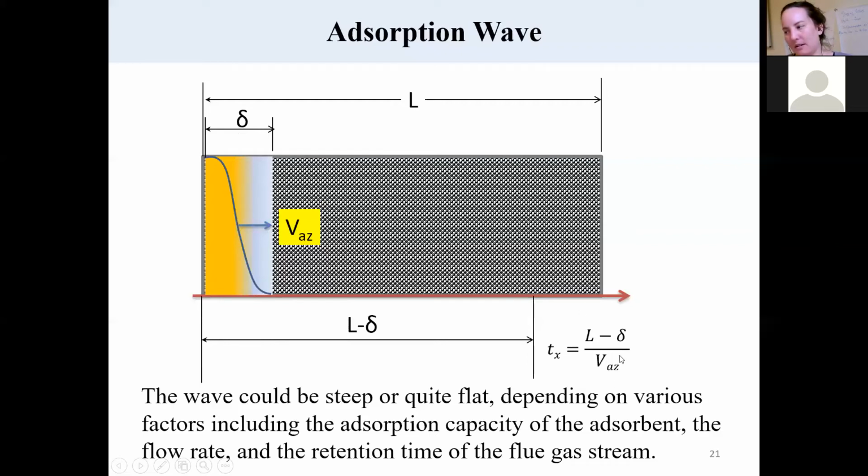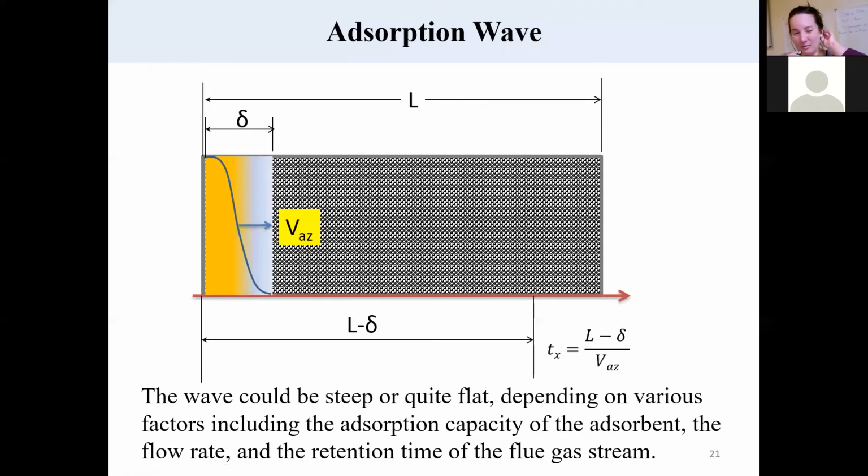This depends on VAZ, the velocity of the adsorption wave, which is probably not meters per second but maybe millimeters per second as it's filling up. You take the length minus the width occupied by this wave, divided by the speed at which it's moving, and this gives you the time at which the pollutant starts to break through and come out of the filter.